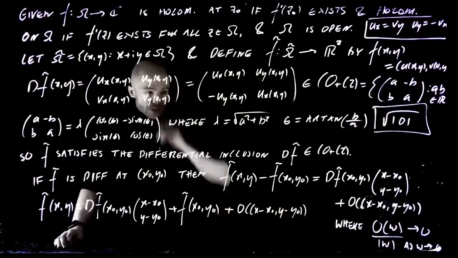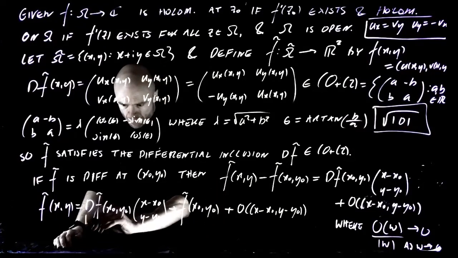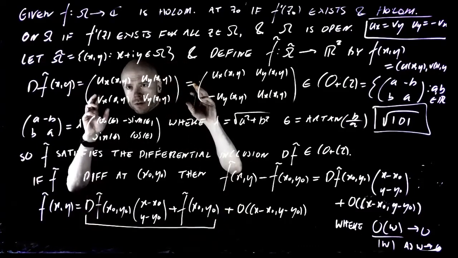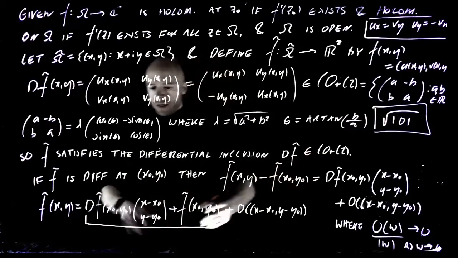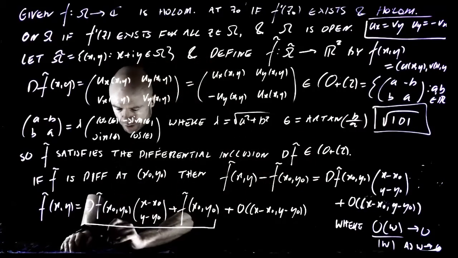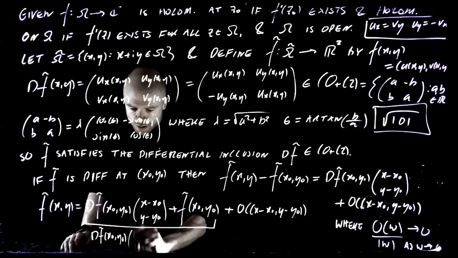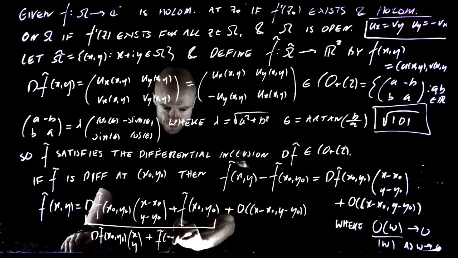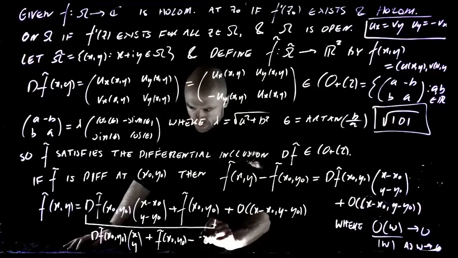And this thing right here is the tangent line, except now the tangent line is an affine mapping from R2 to R2. This part right here is the linear part, the derivative of f tilde at x0, y0 acting on xy, and the affine part is this vector minus this vector.